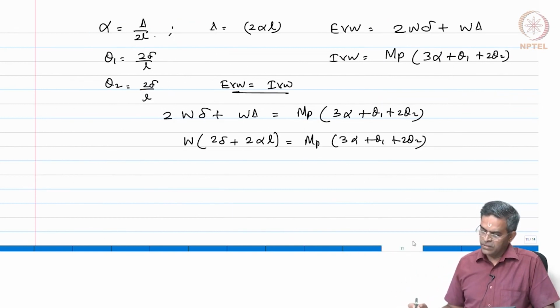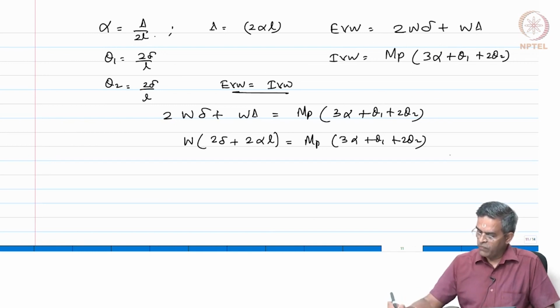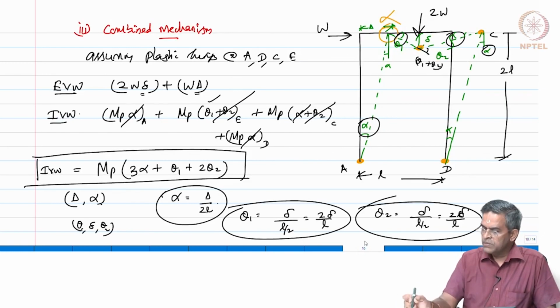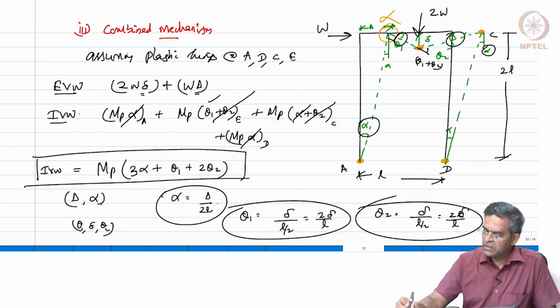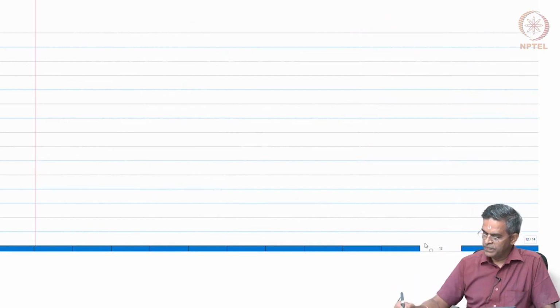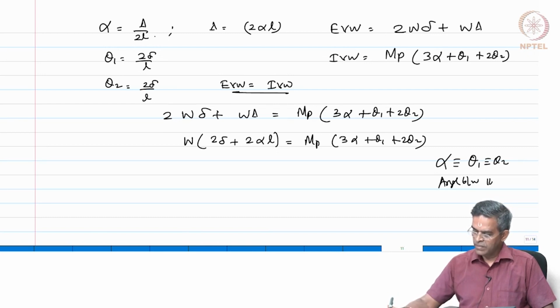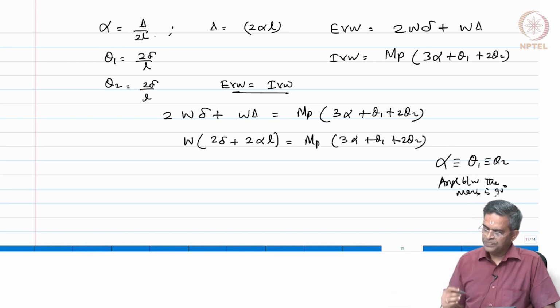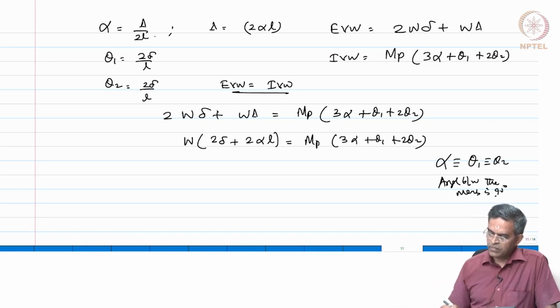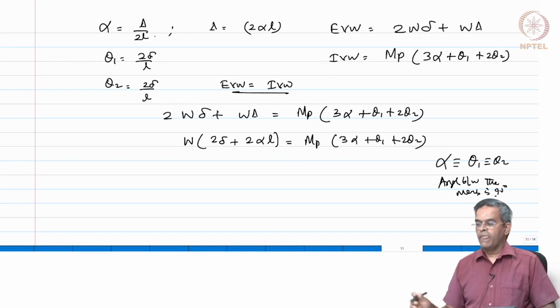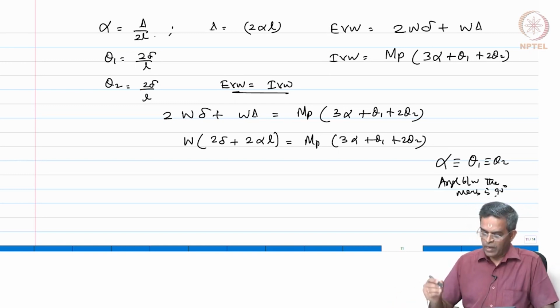So, using that condition, I can say alpha should be equivalent to theta 1 and theta 2, because the angle between the normals is the same. That is, in the displaced position, we consider this angle as still 90 degrees, between the members is 90 degrees. Okay. We simplify this and try to find WC.